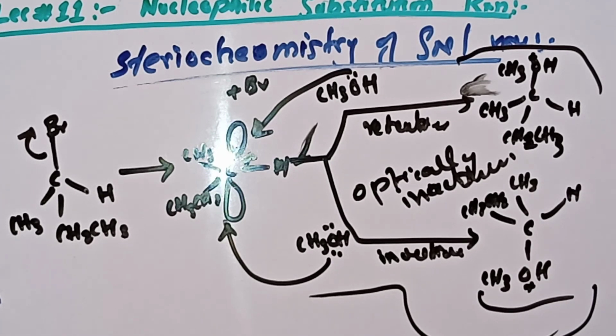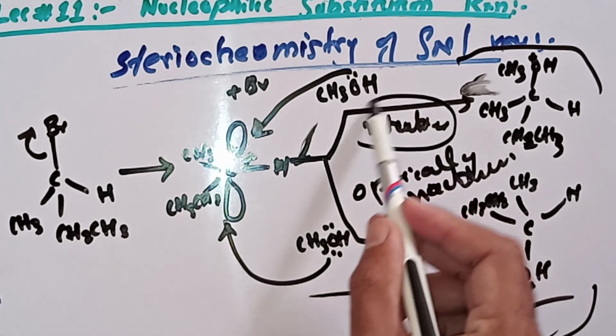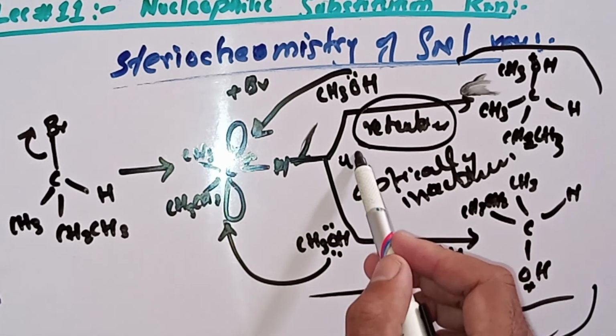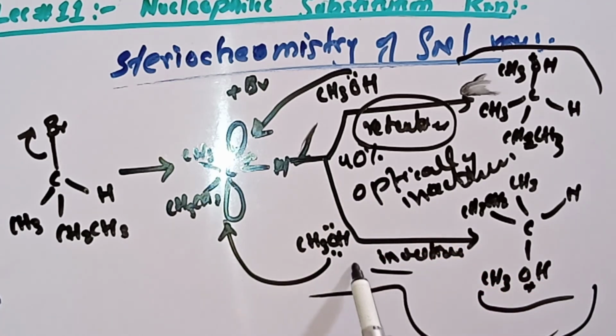But in most cases, the concentration of retention product will be less. It becomes 40%, while inversion will be 60%.